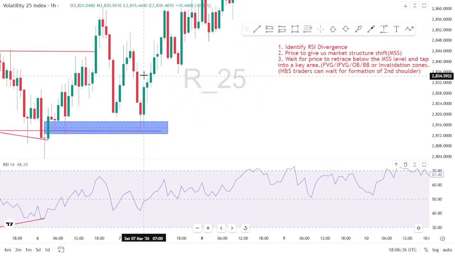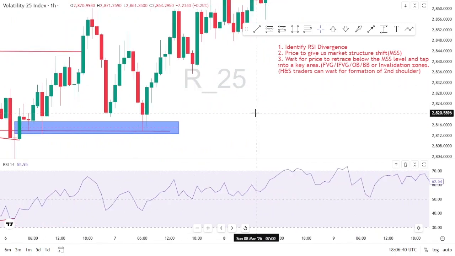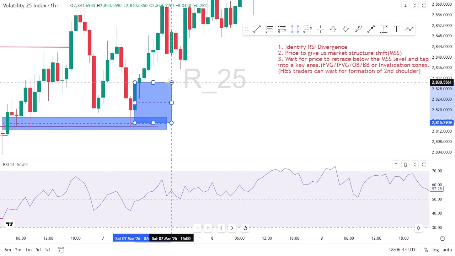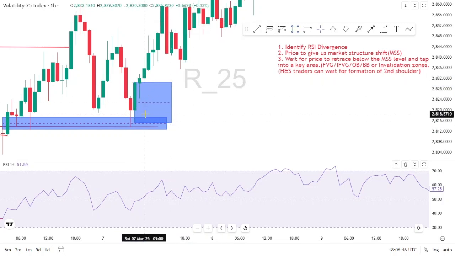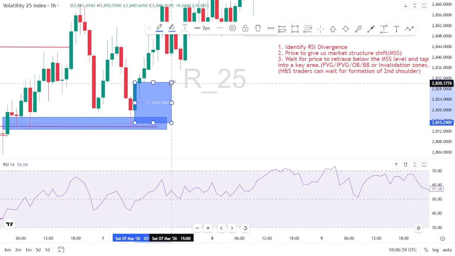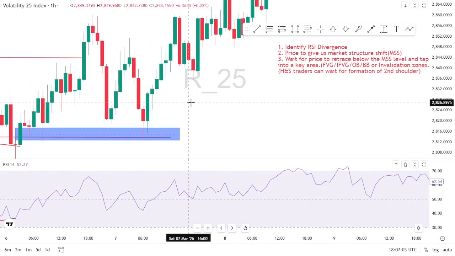Now this bullish engulfing candle is the one that we will use to frame a trade. If you are in the higher time frames, you can wait for price to retrace to the midpoint and go higher, or go to the lower time frames and frame an entry around this engulfing candle.